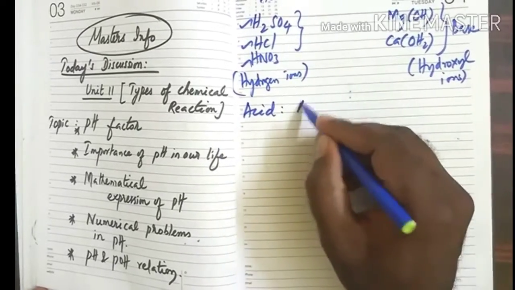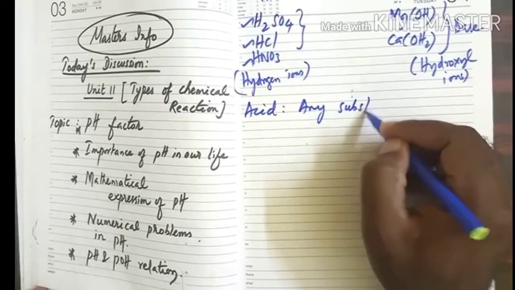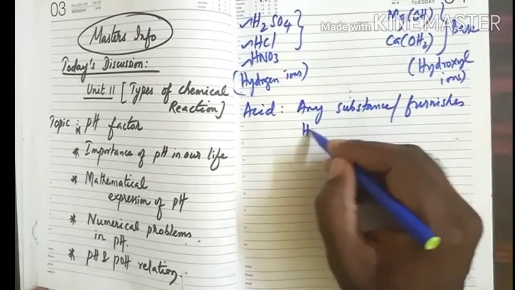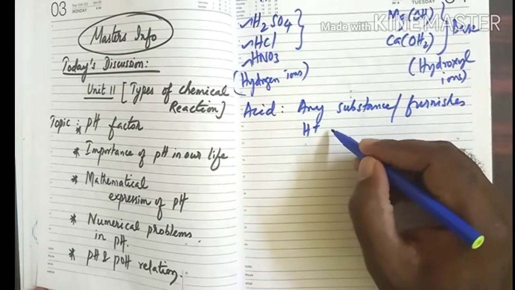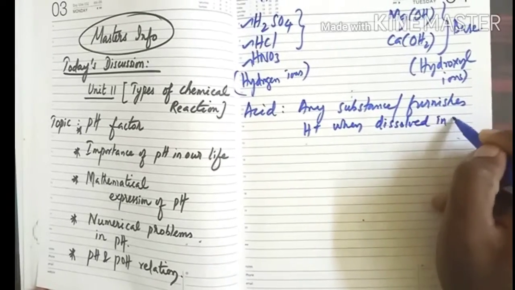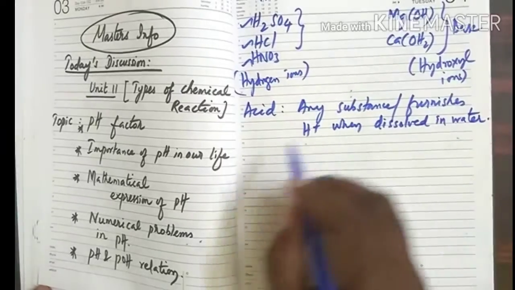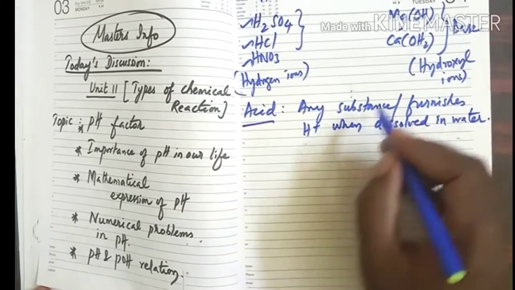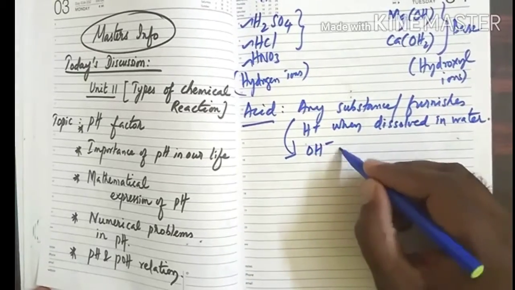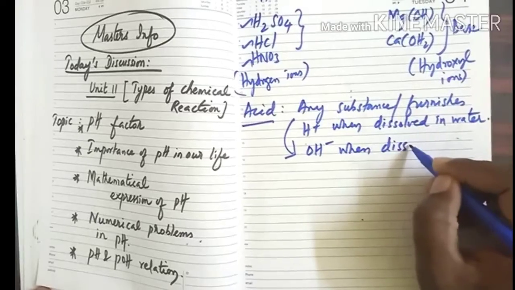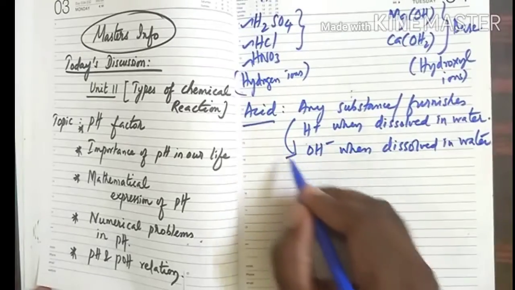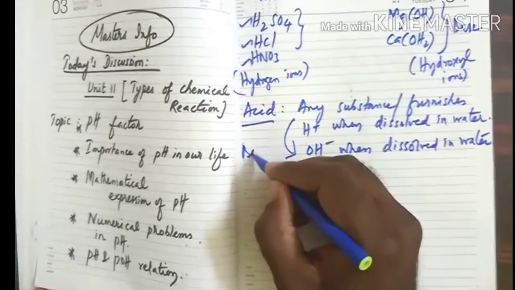An acid is any substance which furnishes, that means gives, hydrogen ions when dissolved in water. Similarly, any substance which furnishes hydroxyl ions when dissolved in water is a base. So if it gives hydrogen ions, it is an acid, and if it gives hydroxyl ions, it is a base.